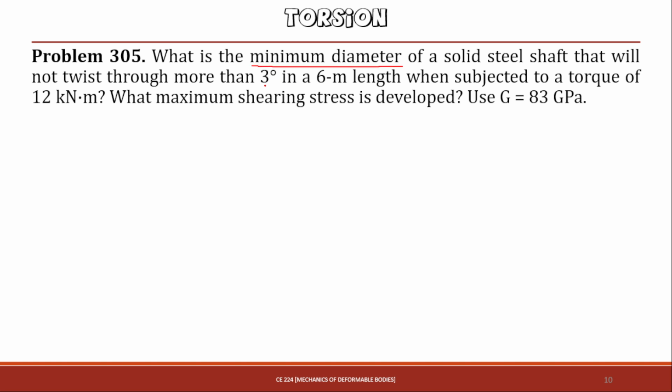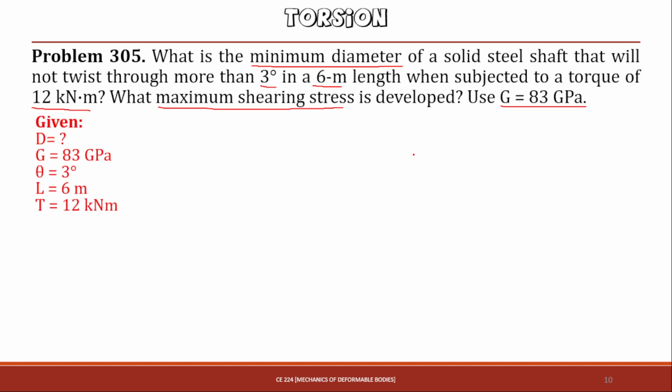Meron tayong given na angle of twist, length, 12 kN-m, tapos meron tayong additional na hinahanap: what is the maximum shearing stress developed. Okay? Meron din tayong given na modulus of rigidity. So, proceeding, ito yung mga given natin, so we can directly solve for diameter.